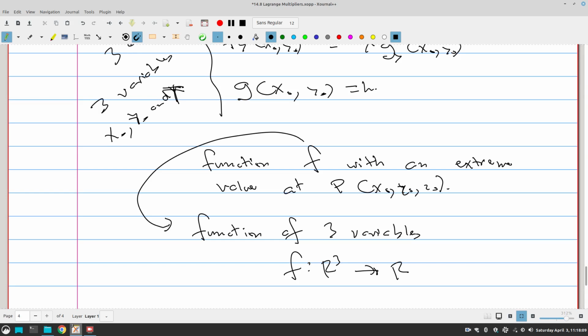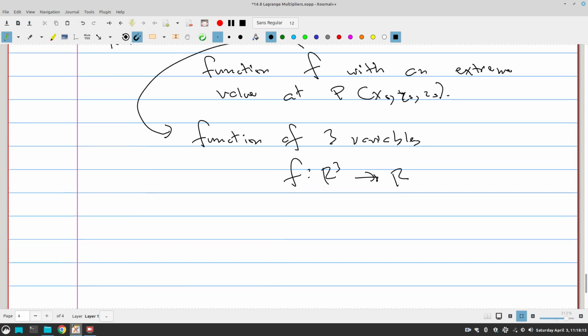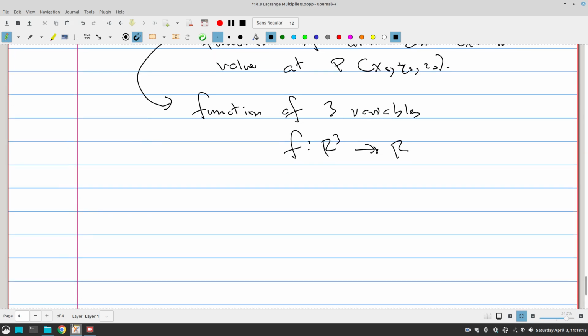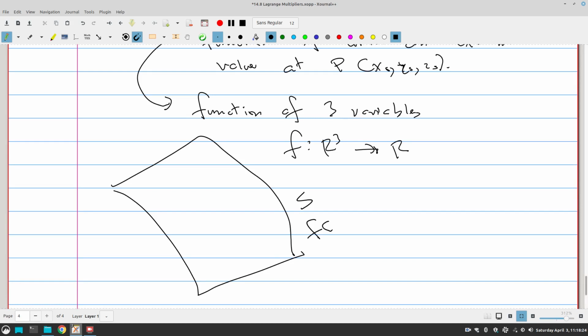Let C be a curve on this surface. So this is your function f, this is the surface S, which is f of x, y, z equals some constant, and we have a curve on this surface. Let's call that curve C, and the vector equation is given by r of t.